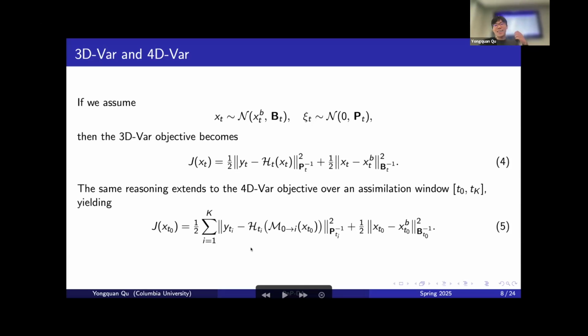Even if at the initial step you have a Gaussian error, as Jay mentioned, the model is highly nonlinear, so the error won't be Gaussian after a couple of steps. So the Gaussian assumption is a very rough approximation. Non-Gaussian data assimilation is an active area of research, and with machine learning, we're going to see what we can do.